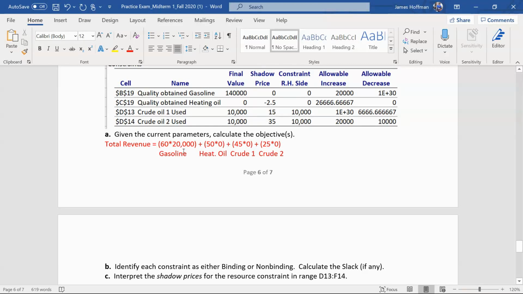Now, the total revenue is just based on gasoline because the other terms are 0, so the revenue is just $60 times 20,000, which, if I got the zeros right, looks like 1.2 million.